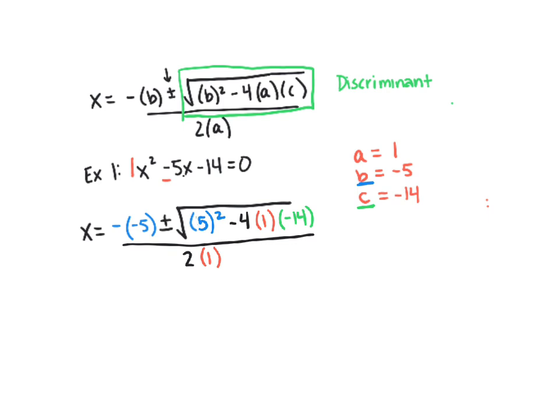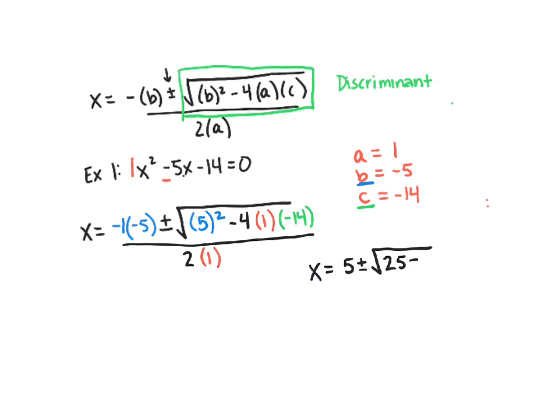Alright, so let's simplify now. So out in front we have -5. So really we can say that there's a -1 here, and -1 times -5 gives us positive 5. So we can simplify that to x equals 5 plus or minus the square root. So 5 squared would give us 25 minus 4 times 1 times -14.